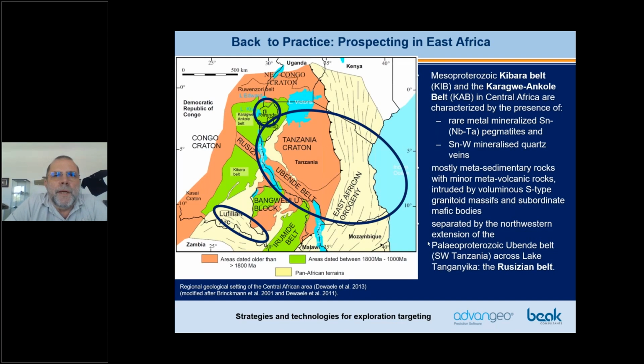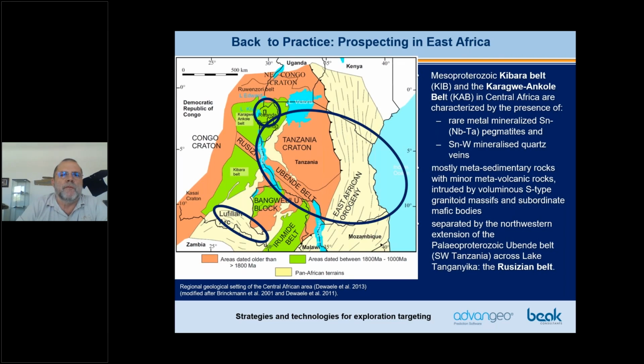But now back to praxis. Prospecting for minerals in Eastern Africa: Tanzania, DR Congo with its huge copper resources, and tin, tantalum, and tungsten in Rwanda. So the geological situation is here.